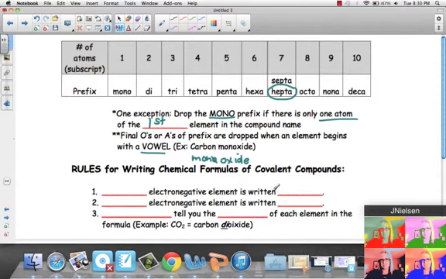All right, rules for chemical formulas of covalent compounds, other than the two that we just went over. The least electronegative element is written first, and the most electronegative element is written last.